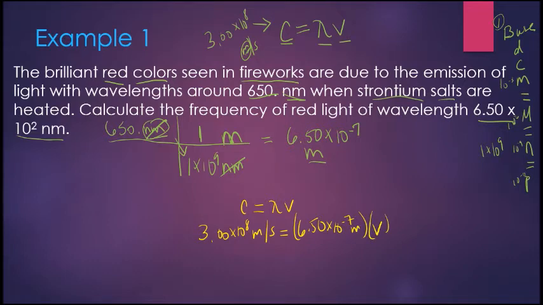Now, how do I solve for nu by itself? It's just basic algebra. How do you move that 6.5 times 10 to the minus 7 over to the other side? Divide. Very good. So we're going to divide both sides by this, just like you would in regular math class.